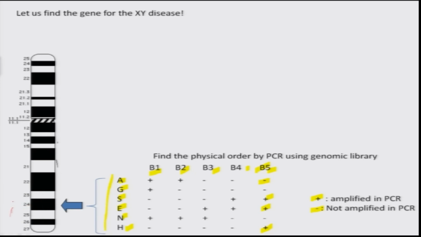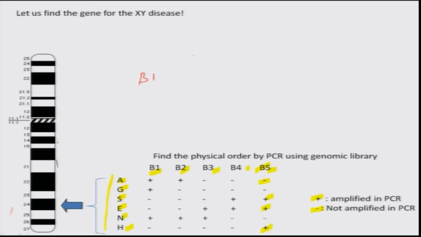How do you do it? Let us say this is the B1 clone. As you can see, B1 is positive for markers A, G and N. B2 is positive for A and N. Therefore, I would assume G is away from A and not in between A and N. So, let me say that A and N are close to each other.